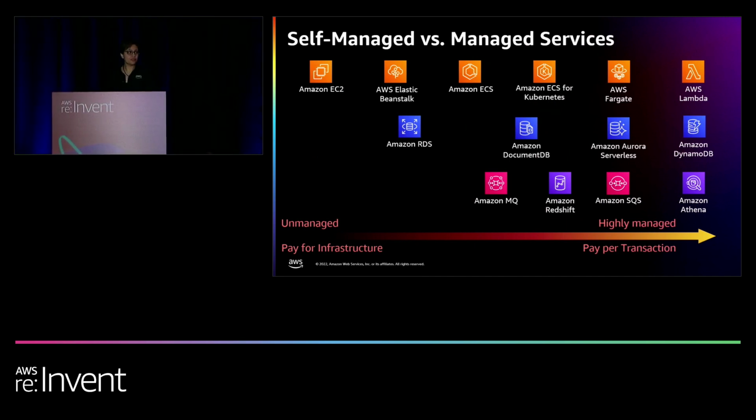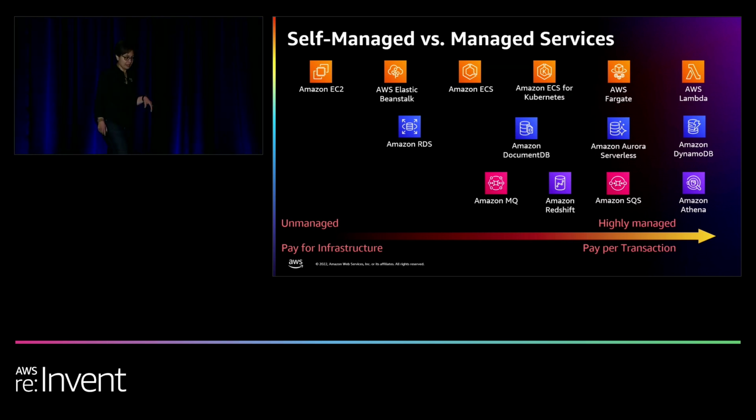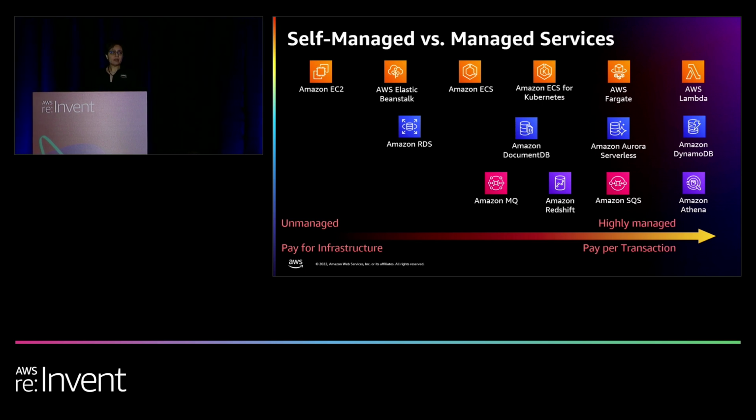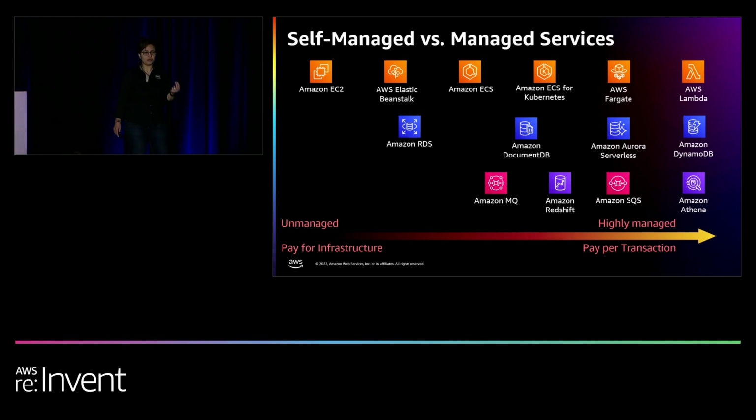All right, so do you remember when we said we should really stop spending money and effort on undifferentiated heavy lifting? And by that, I meant managed service versus self-managed. Because when we measure the cost of the service, it's not about the dollar value of the service, it's about the total cost of ownership.